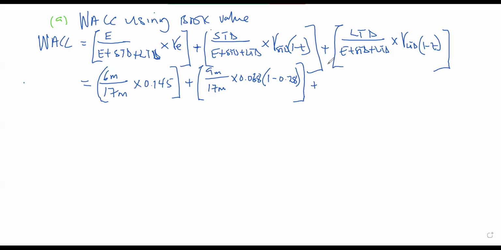Then plus long-term debt. What's the value of long-term debt? 2 million over 17 million times cost of long-term debt, 0.035 times 1 minus 0.28. So that is how you compute your WACC.